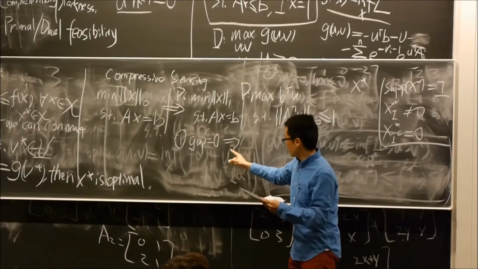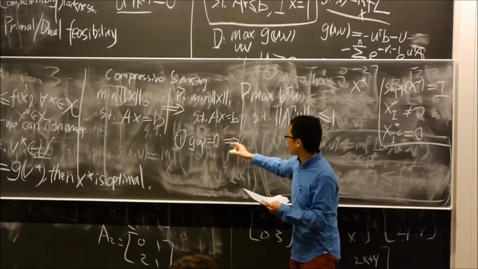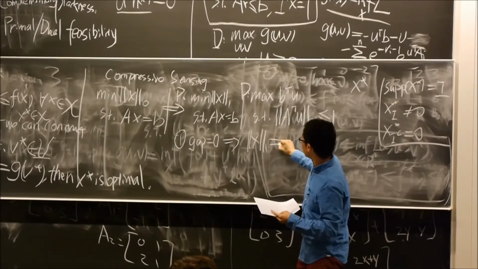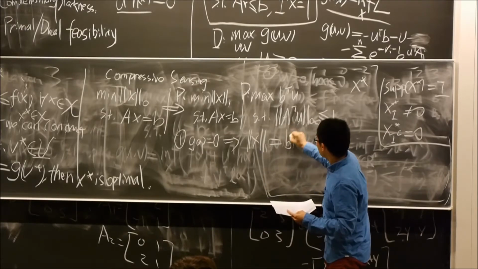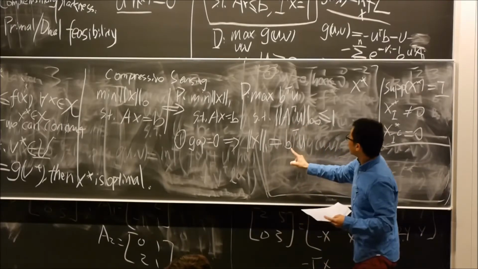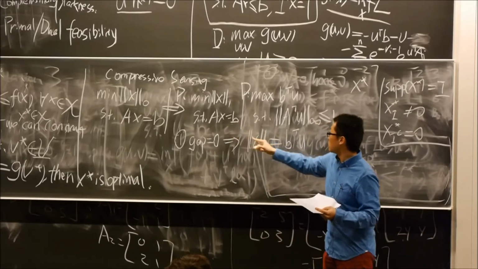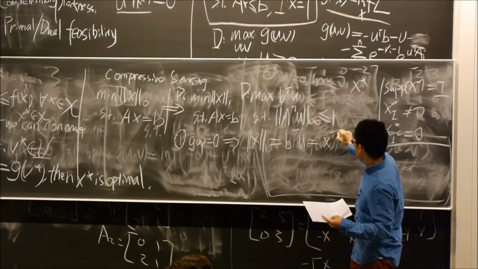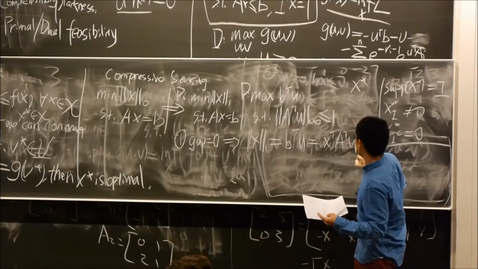Having that, we can write an explicit form of this gap equals 0. That's basically the 1 norm of x equals b transpose u. But b, by the primal feasibility, is simply Ax, and that gives us x transpose A transpose u, right?